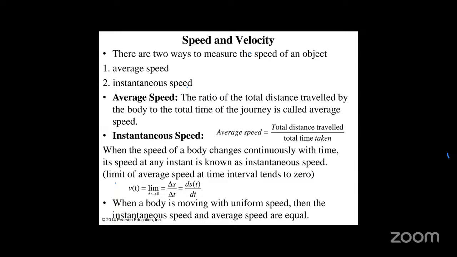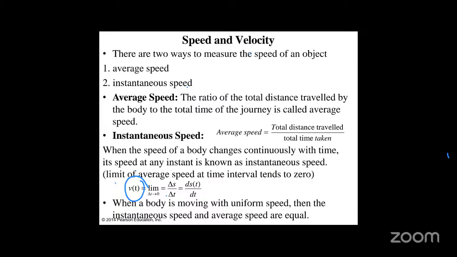So this is the speed at a given time, v(t) is equal to ds(t) over dt. When a body is moving with a uniform speed, then the instantaneous speed and the average speed are equal.